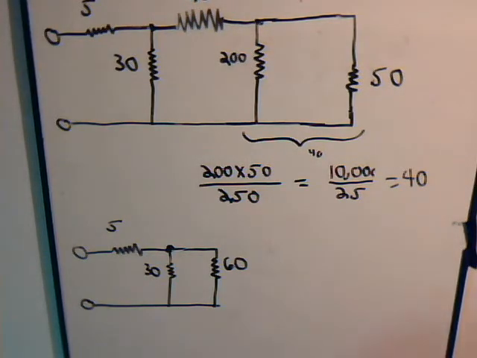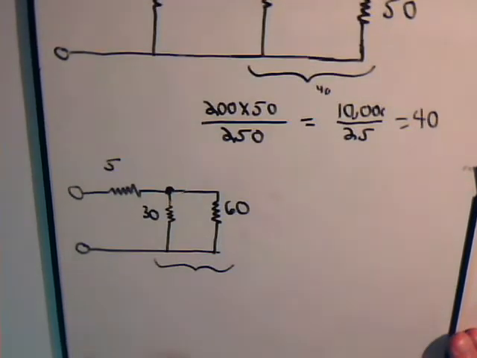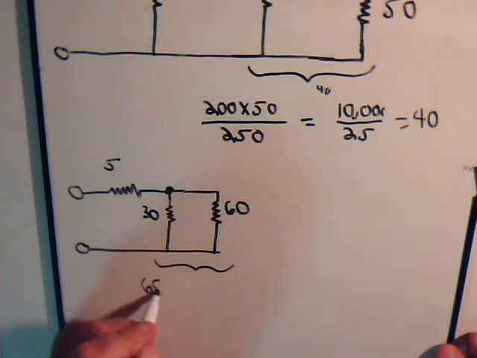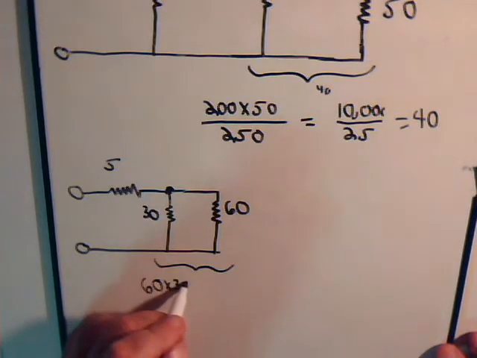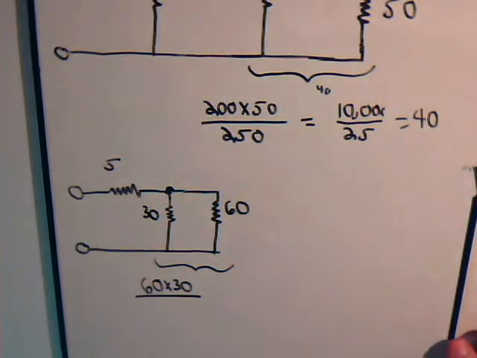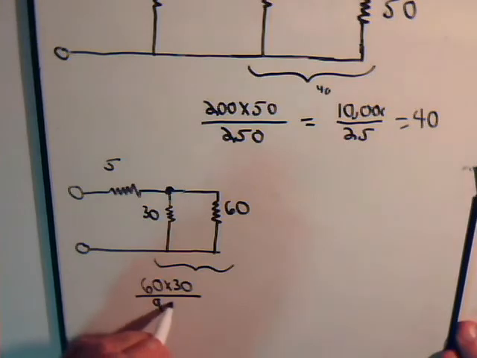And now we can find the equivalent resistance. These two resistors in parallel, the equivalent resistance is the product divided by their sum. 60 plus 30 is 90.